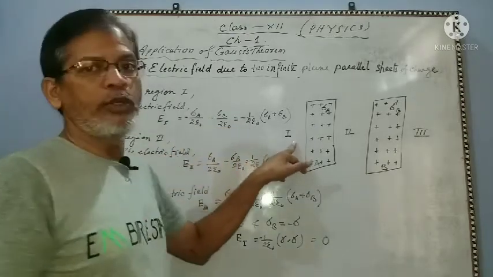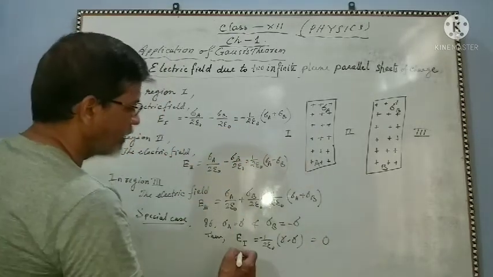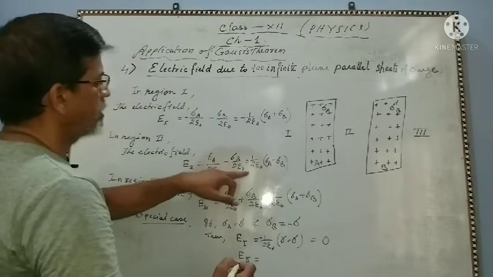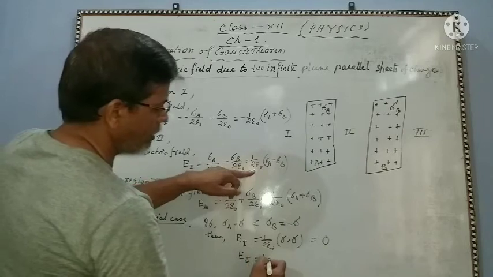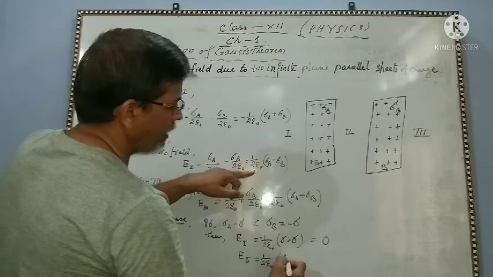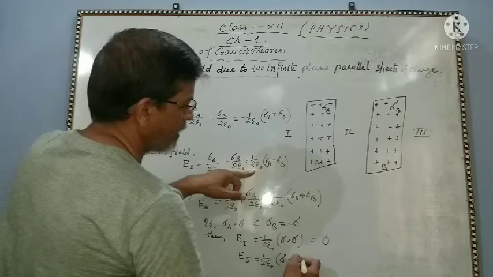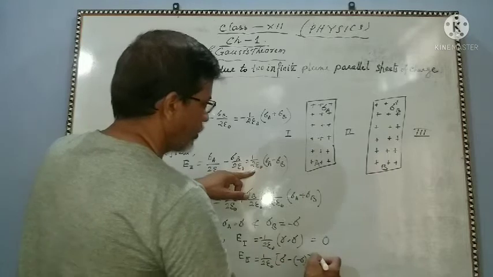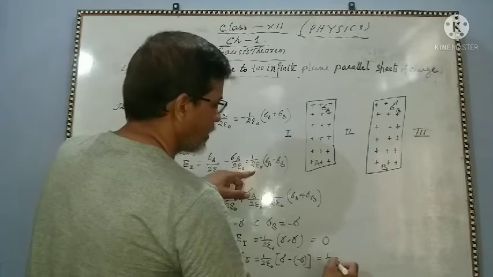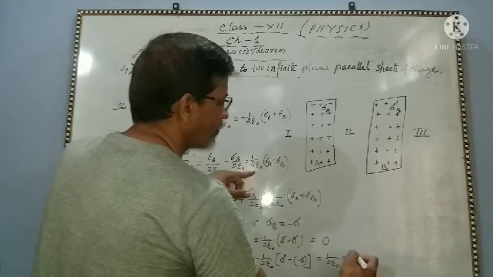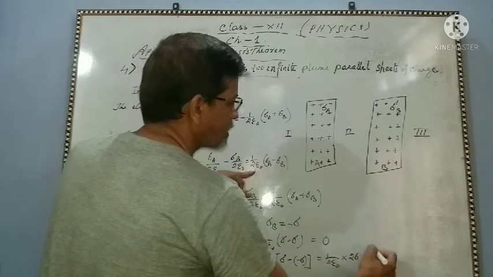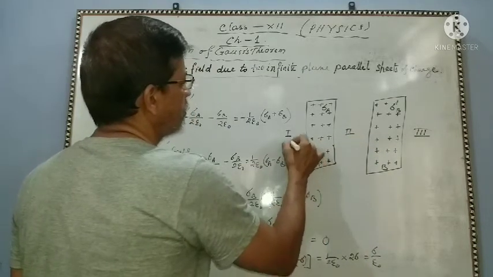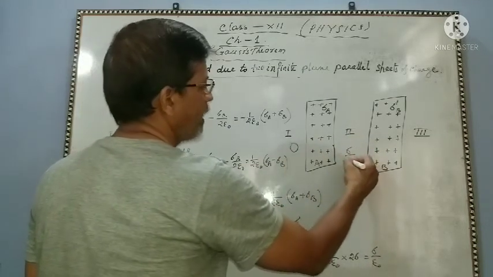So here there will be no electric field. What is E2? It is 1 by twice epsilon naught times sigma minus of minus sigma, so 1 by twice epsilon naught into 2 sigma. The 2 cancels, so sigma by epsilon naught. Here the electric field is 0, and here it will be sigma by epsilon naught.